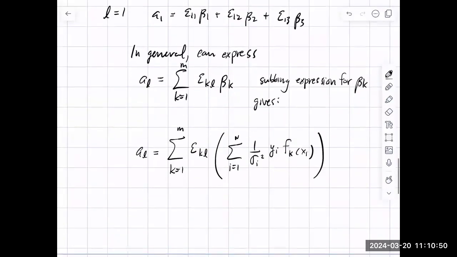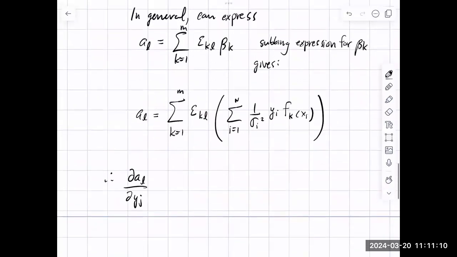Now we're in a position to actually evaluate this derivative. The epsilon, we already said, was independent of y, so we can move our derivative inside. This is going to be the sum from k equals 1 to m of epsilon KL, and I'll keep my bracket here, sum from i equals 1 to n of 1 over sigma i squared.